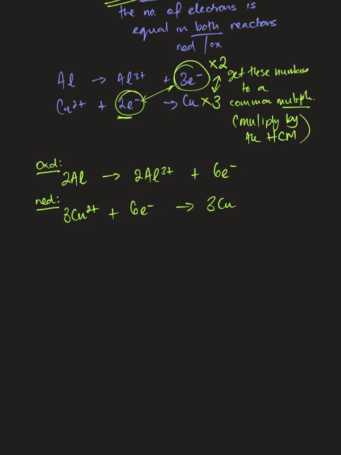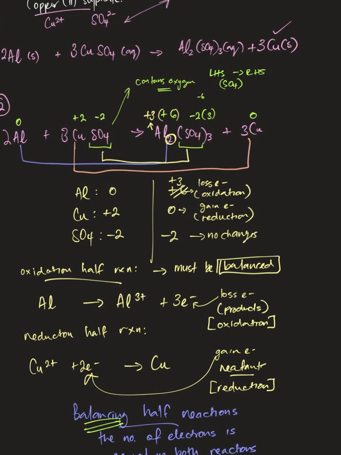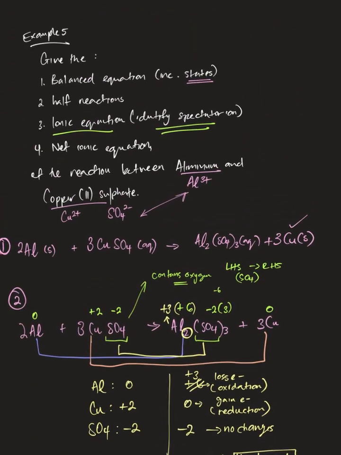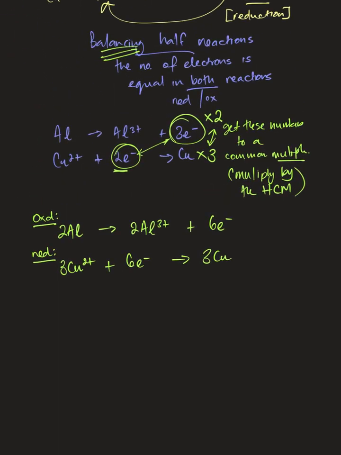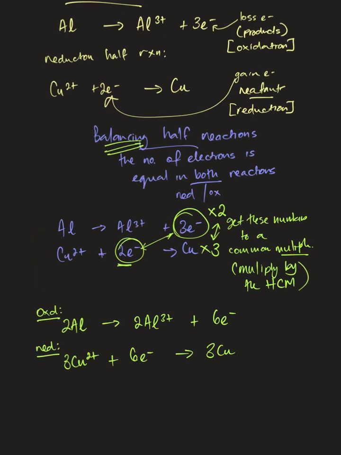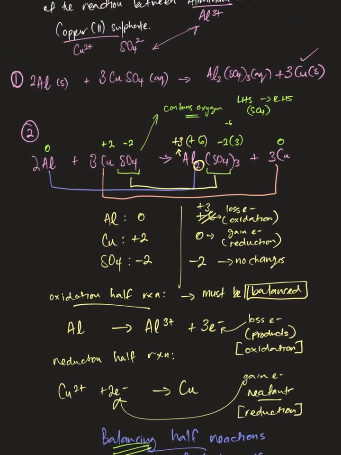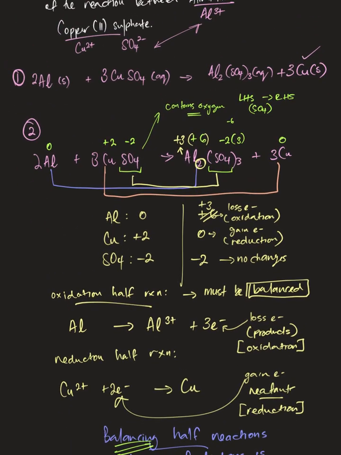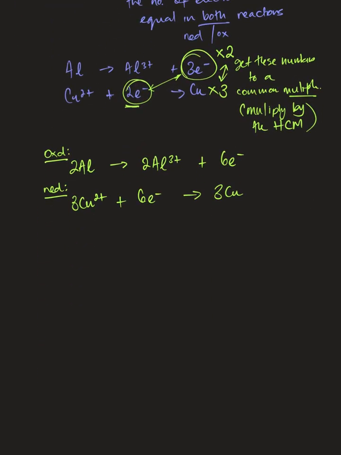Right, I think this was question 2. What are we looking at? Question 3. Okay. Question 3 is asking for the ionic equation. So we're going to take the ionic equation straight from the balanced equation. All right, so what I've got then, I want the ionic equation.